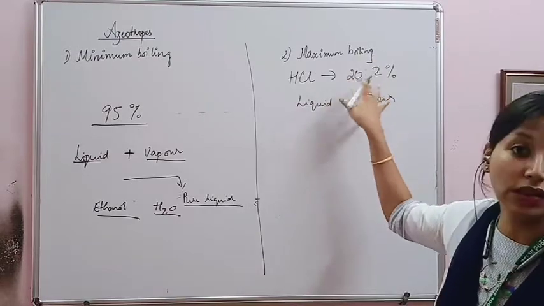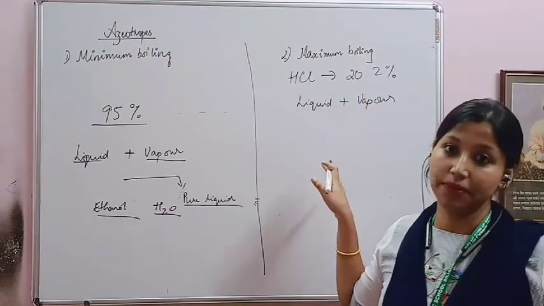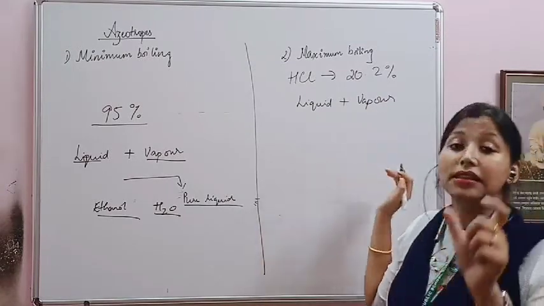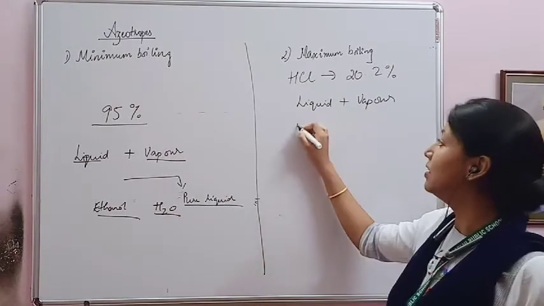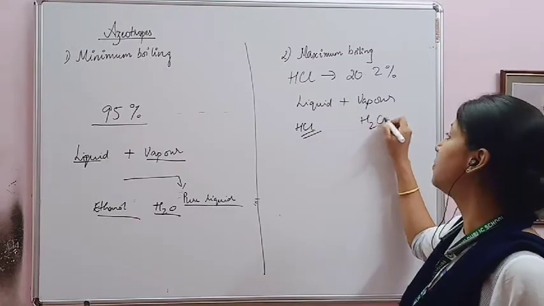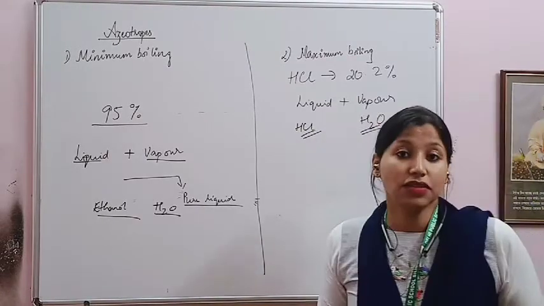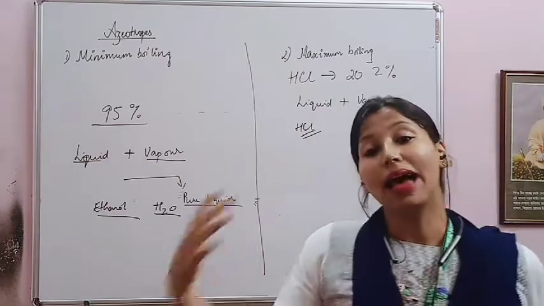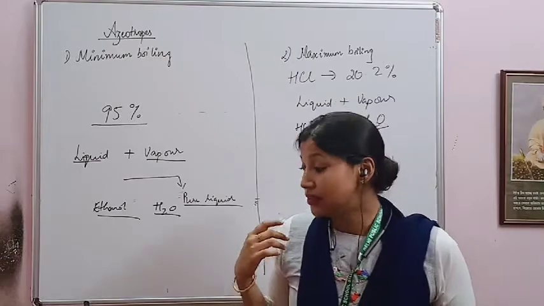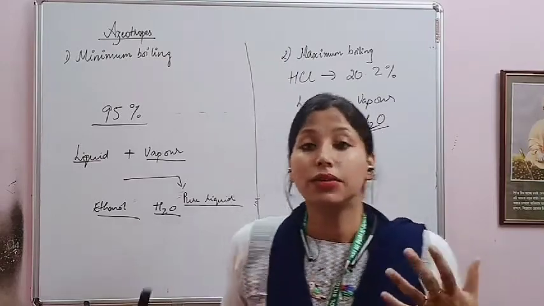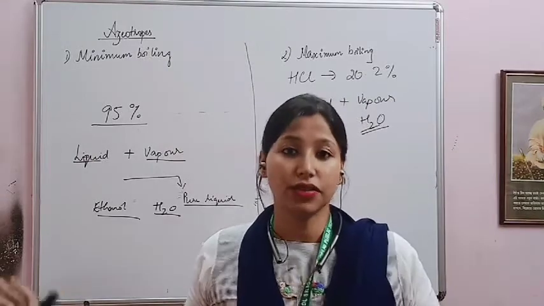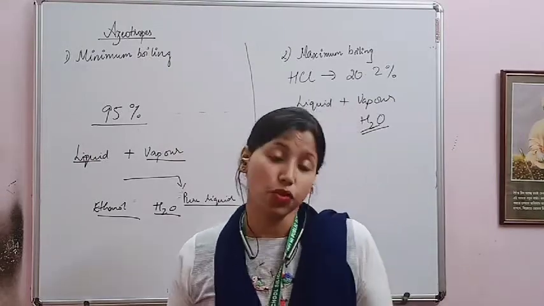It contains around 20.2% of HCl. And when this happens, the temperature is higher than the boiling point of HCl as well as the boiling point of water. That is why it is known as maximum boiling azeotrope. Now, in the boards and even in entrance examinations, questions are asked from the azeotrope section.